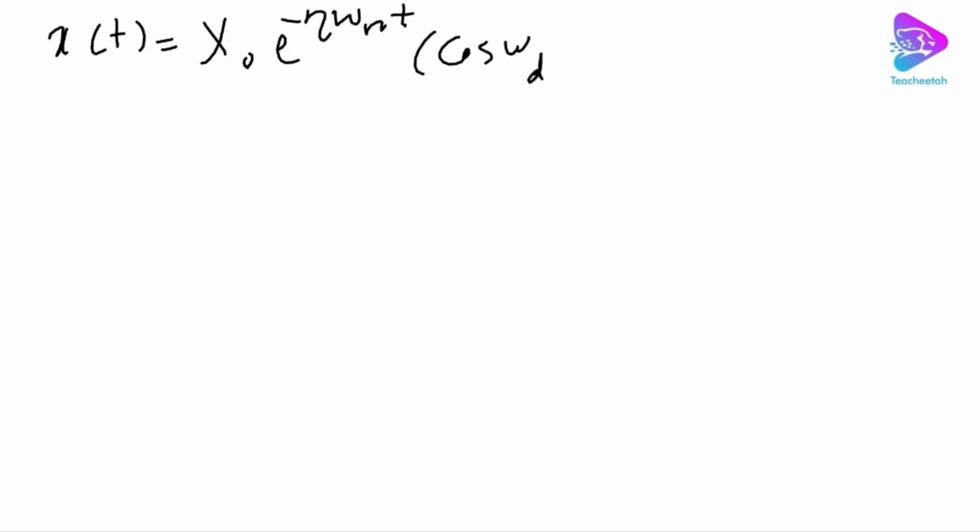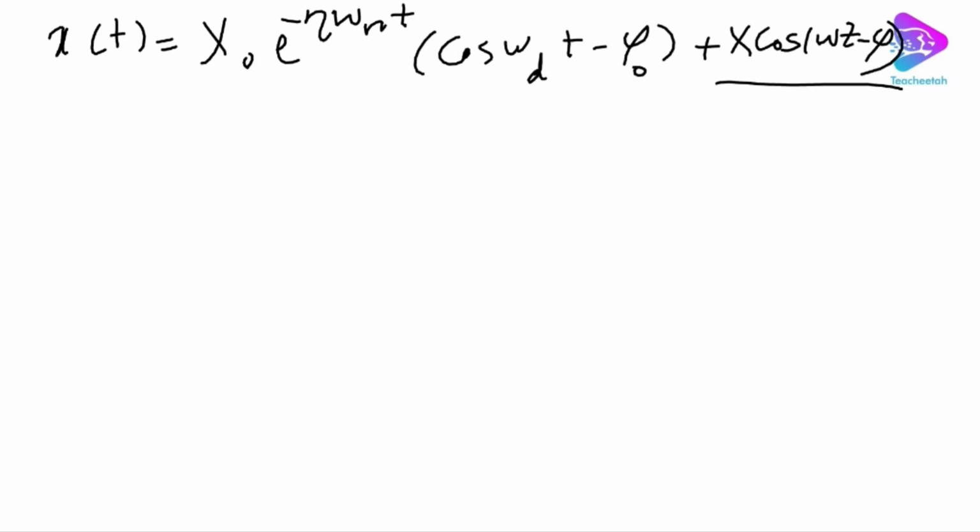So omega d t minus phi naught, plus the particular solution, plus X cos omega t minus phi, right? So we found this part. We need to find X naught and phi naught, and to do that we need to apply initial conditions to the total response. Keep that in mind.